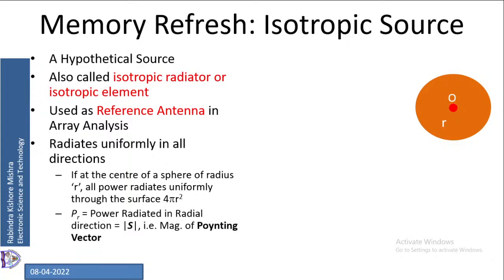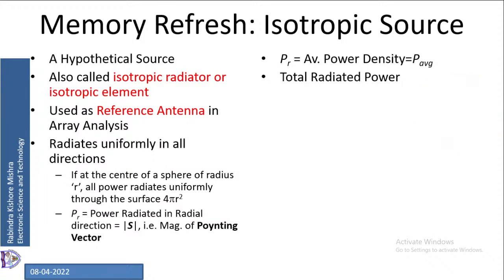PR, which is the power radiated in the radial direction, is equal to the amplitude of S, the Poynting vector, that is the total power radiated by the isotropic source. And PR is equal to the average power density, P average.